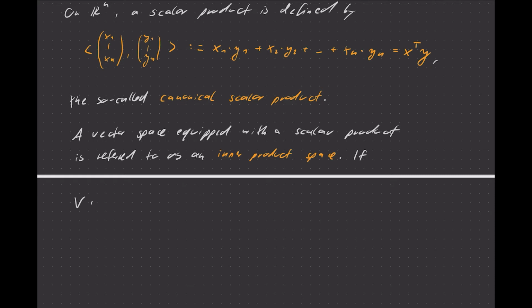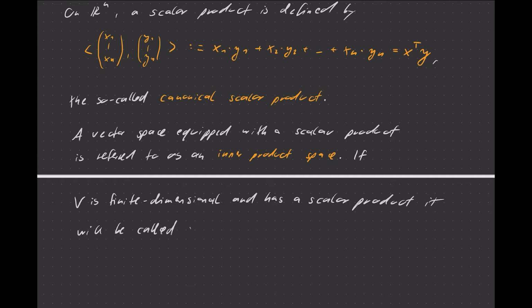If V is finite dimensional and has a scalar product, it will be called a Euclidean space, or Euclidean vector space.